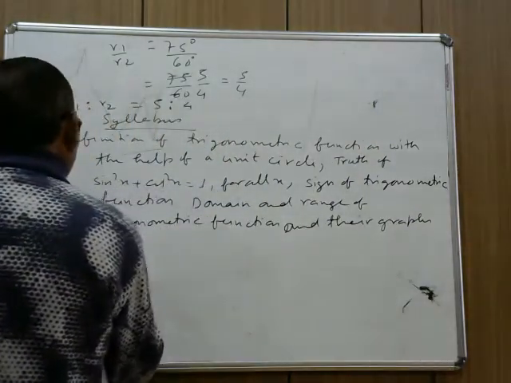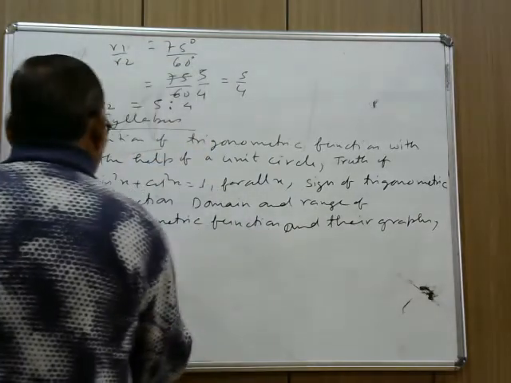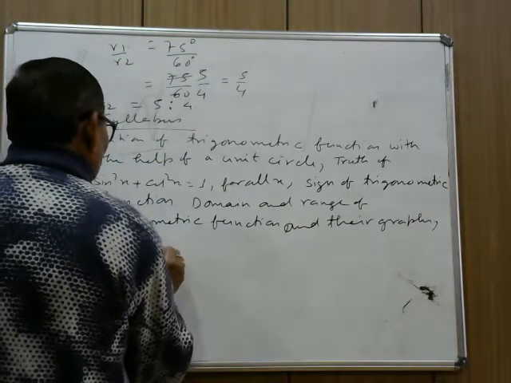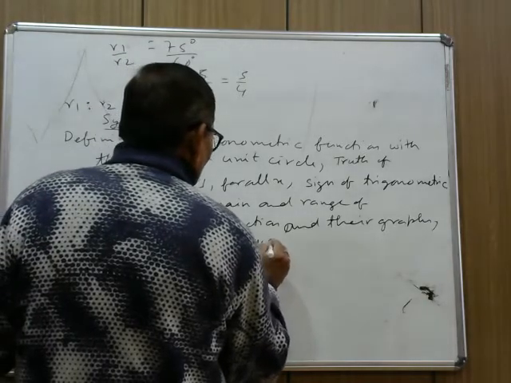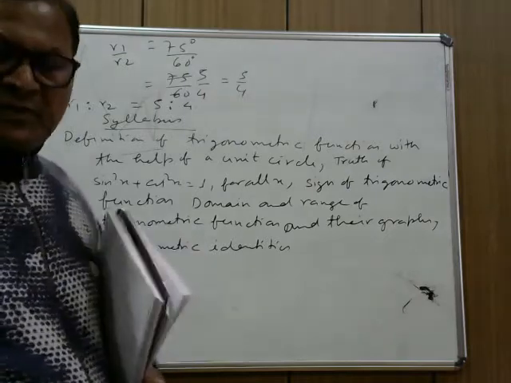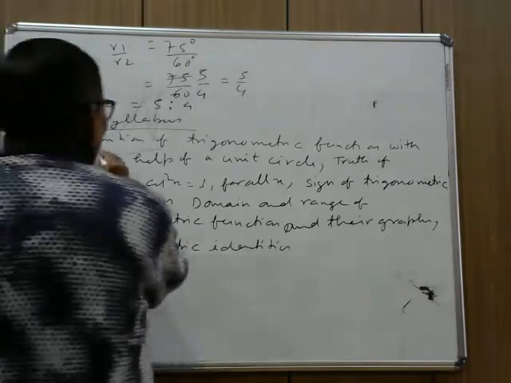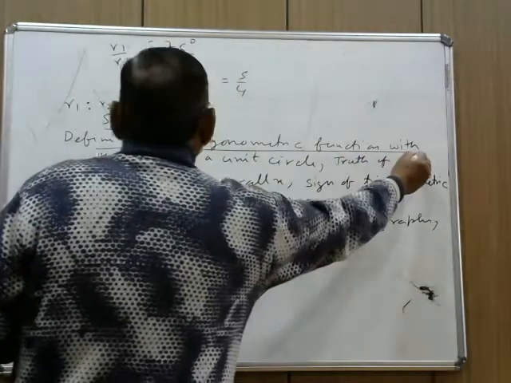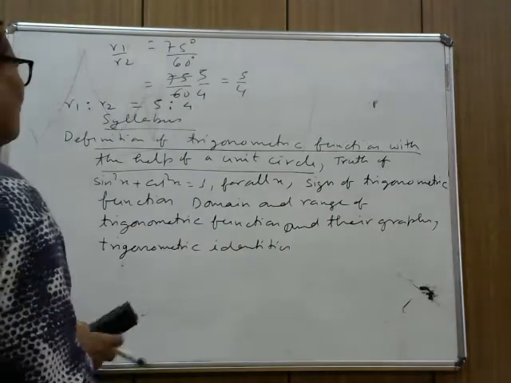Trigonometric identities. These are the syllabus. So I am taking the first one: definition of trigonometric function with the help of a unit circle. I am going to do this.